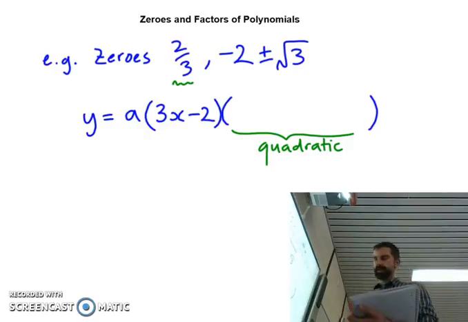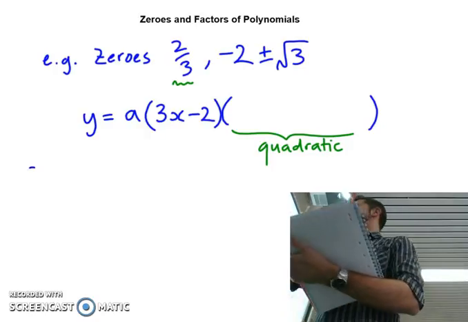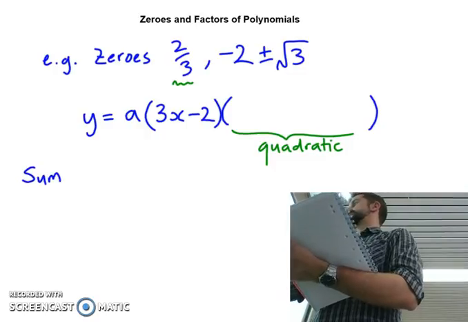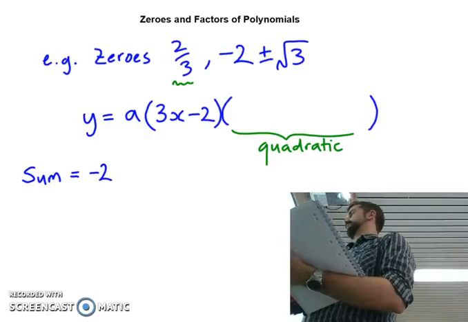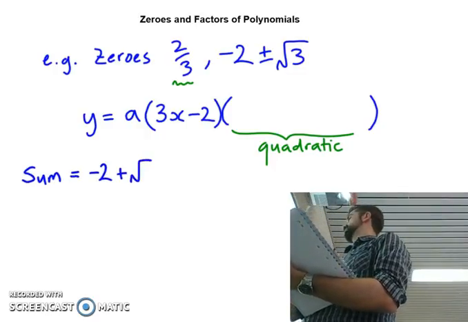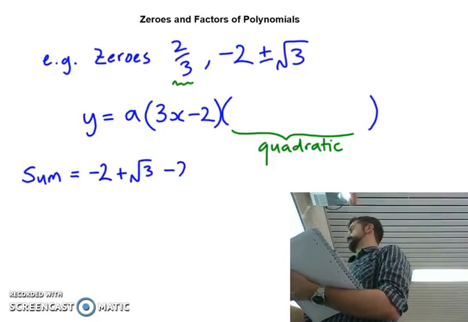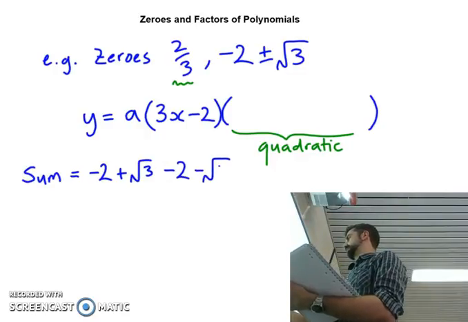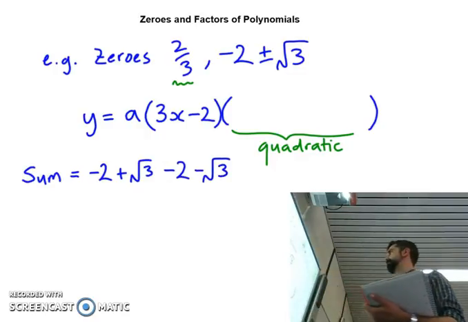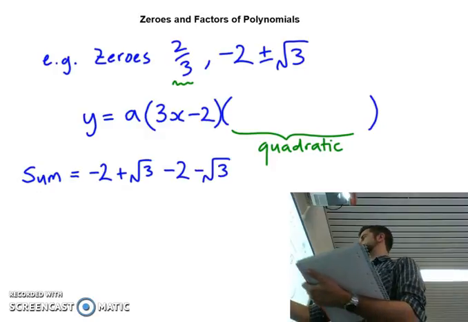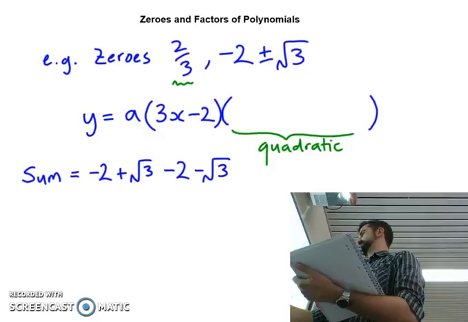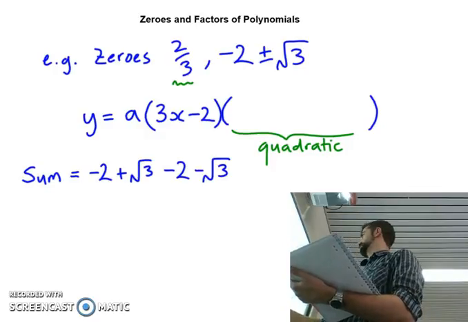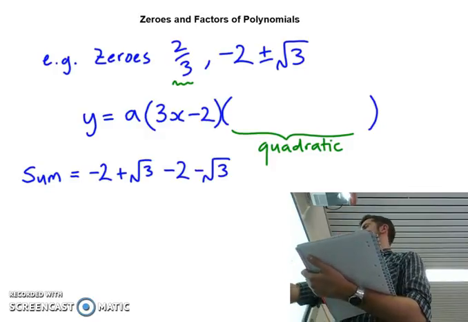So let's first of all look at the sum of our remaining 2 roots. So negative 2 plus root 3, take 2, take root 3. Actually, no, that's right.